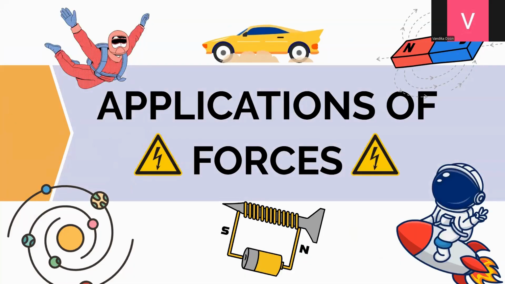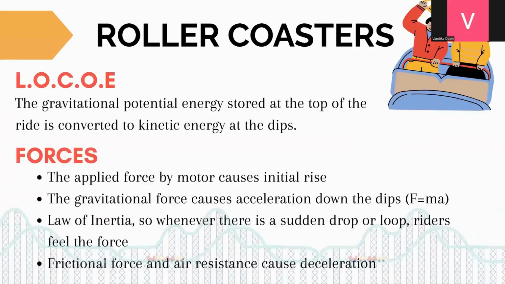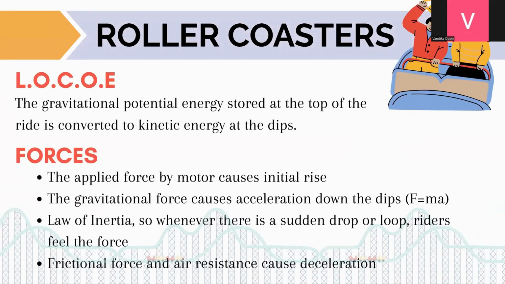So now, last part of my presentation, the applications of forces. Roller coasters. I know you're seeing here LOCOE. However, I choose to pronounce it as just the law of conservation of energy in roller coasters. I know we spoke about energy very briefly, but you see here gravitational potential energy, or GPE, and kinetic energy.